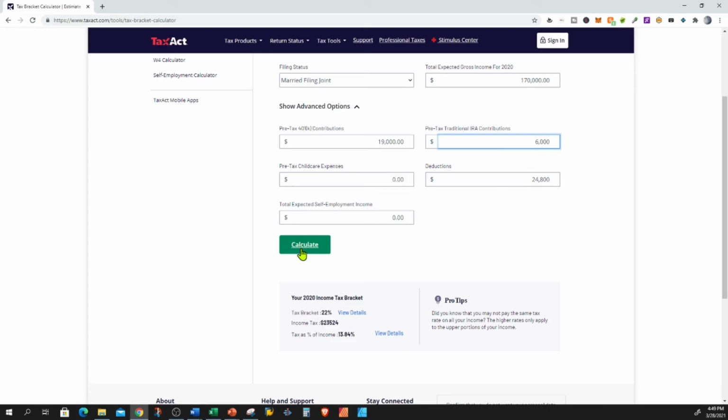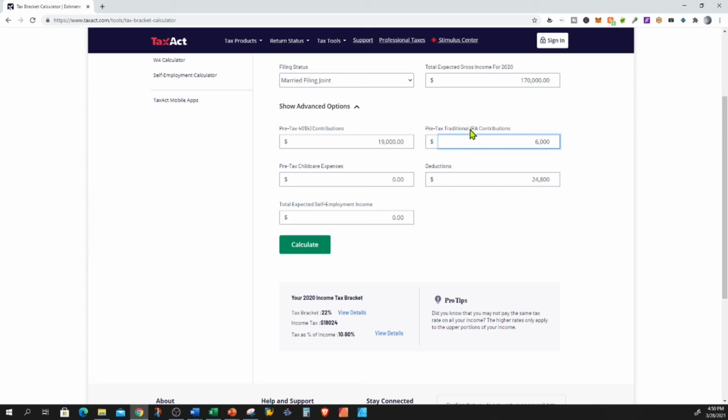So let's say we maxed out on this, you can see how much you lowered your taxes, how much money you are saving on taxes, and you put that money into your savings account, and you pay less taxes if you are maxing out on your 401k and your traditional IRA.